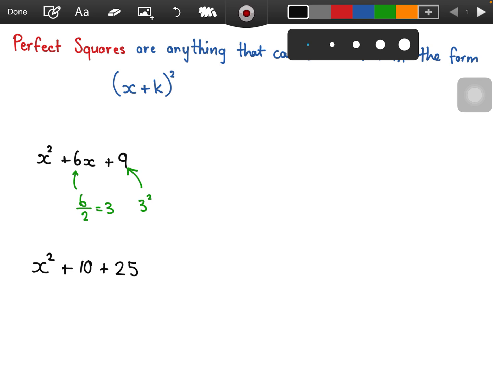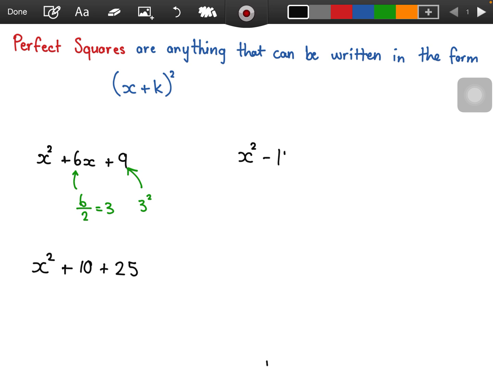Let's try it again as well for x squared - 12x + 36. Oh sorry, I forgot the x there. When we do this out, start by looking at this and saying, can I halve that nicely?